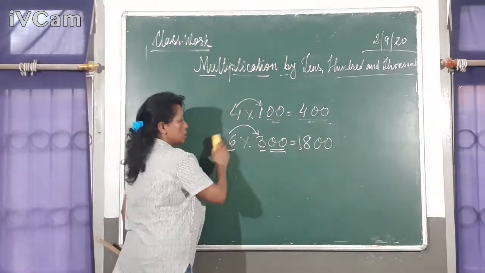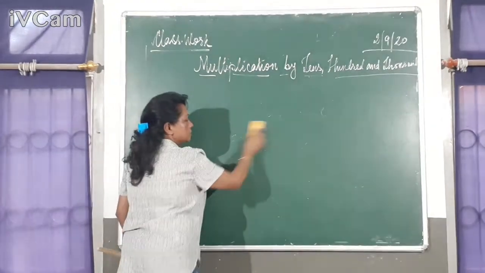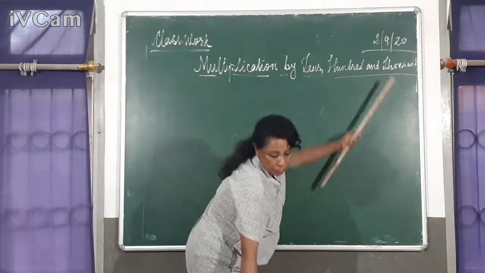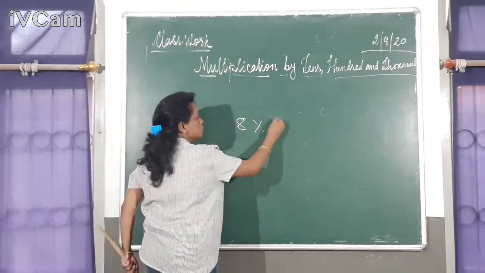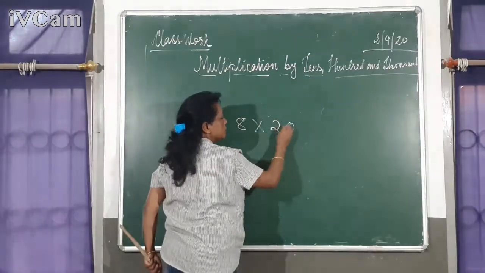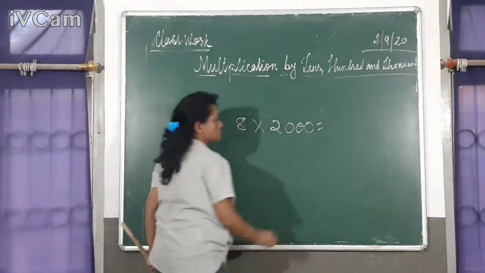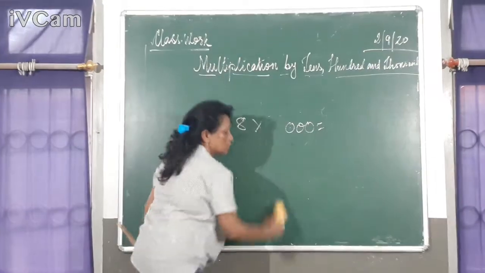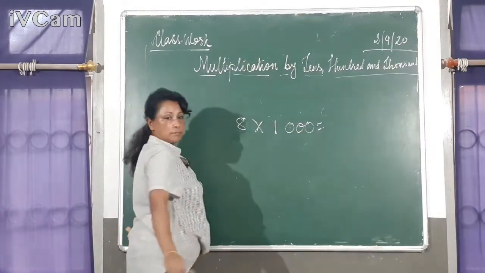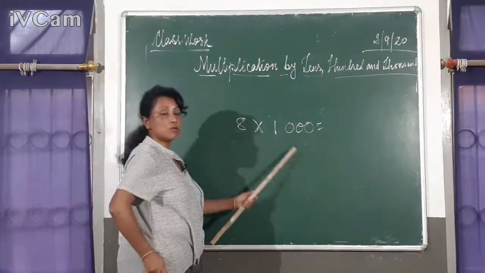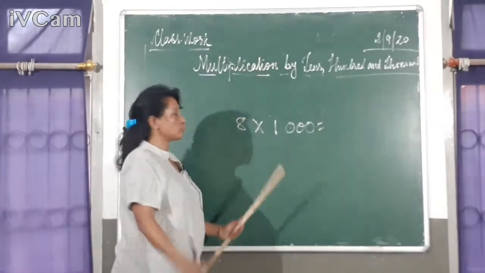Okay. Now the same thing we can do with thousands. Multiplication with 1000, like 8 into 1000. Right? It looks, oh man, so big.